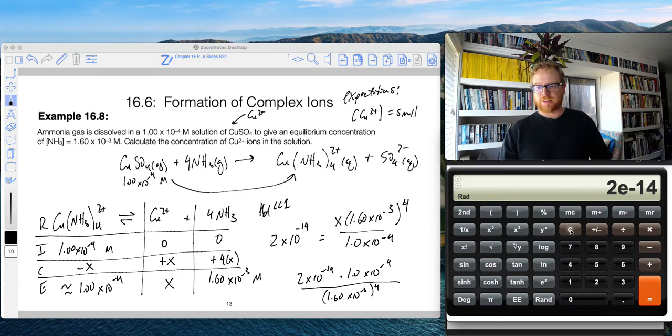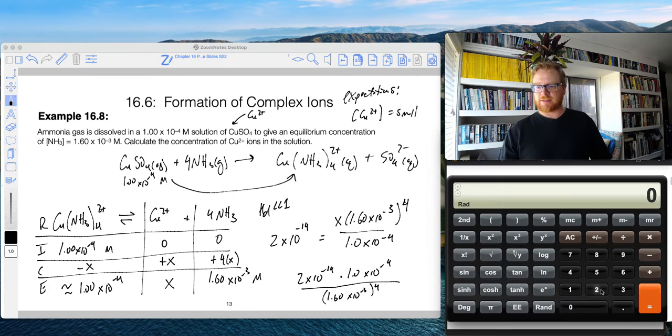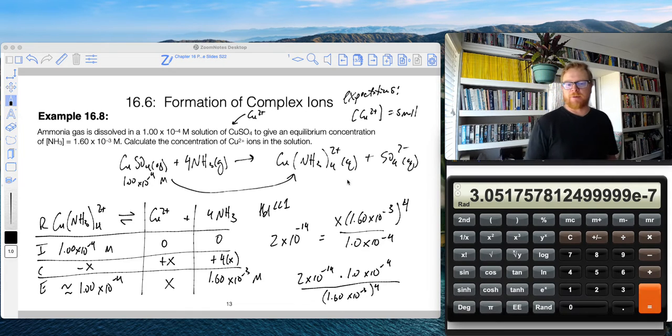Okay, so let's do that. So that's 2 E negative 14, times 1 E negative 4, and then that's divided by 1.6 times 10 to the minus 3 raised to the fourth power, equals, and that is my copper concentration.